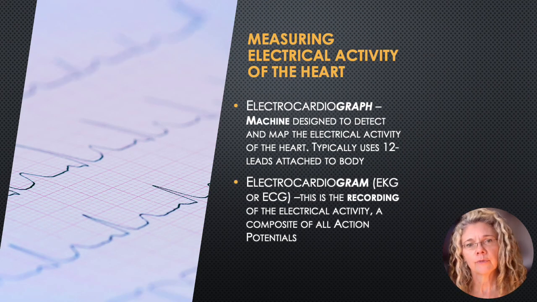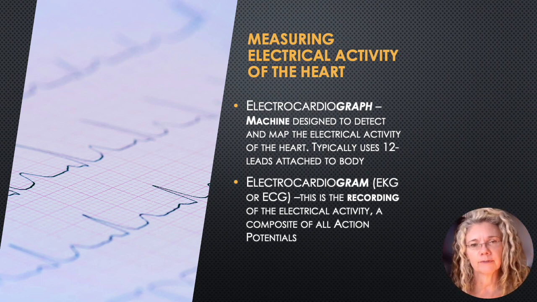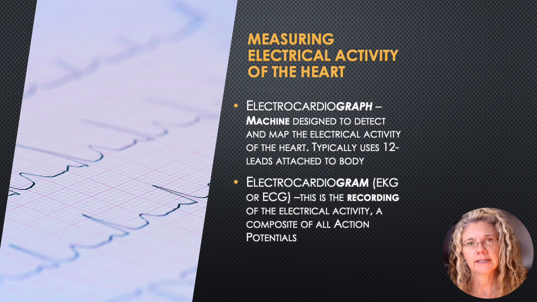All right, so when we measure the electrical activity in the heart, we're going to use some special tools, right? When you think about measuring the electrical activity of the heart, I hope you think about EKG, right? An EKG can mean a couple of different things. First off, an EKG can be the electrocardiograph.